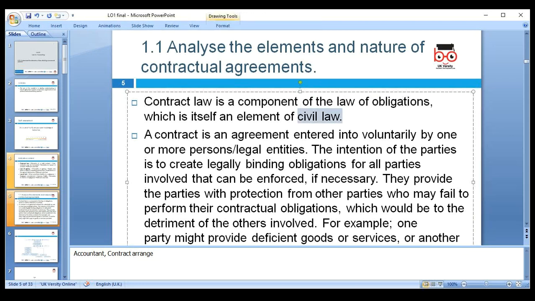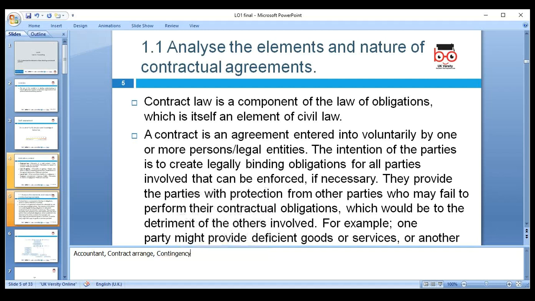So a contract is an agreement entered into voluntarily by one or more persons or legal entities. So if somebody proposes anything illegal, like contingency fees.